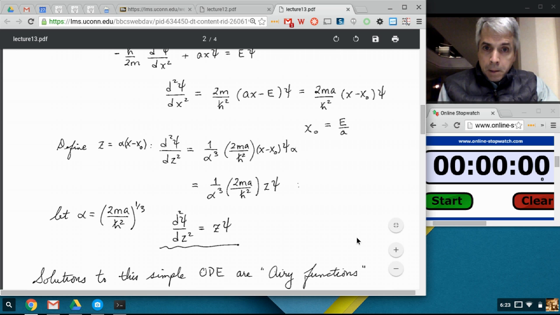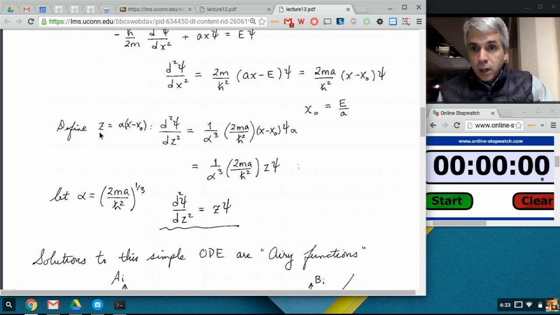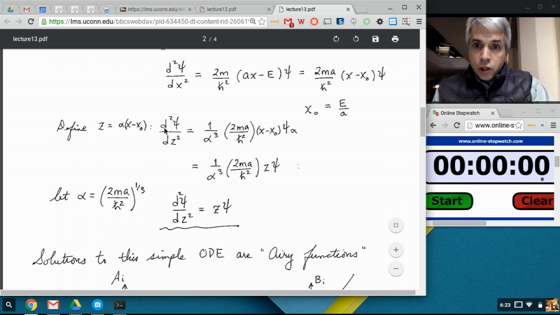So we're going to define a rescaled dimensionless length, which is going to be a substitute for x. First thing we're going to do is make that z 0 at the classical turning point, so we shift our origin. Second thing, we're going to multiply it by something which has the dimensions of 1 over length to try to simplify and put the differential equation in the most familiar form possible. So here you can see that when I used the chain rule, the second derivative of psi with respect to x is the second derivative of psi with respect to z times the square of the derivative of z with respect to x.